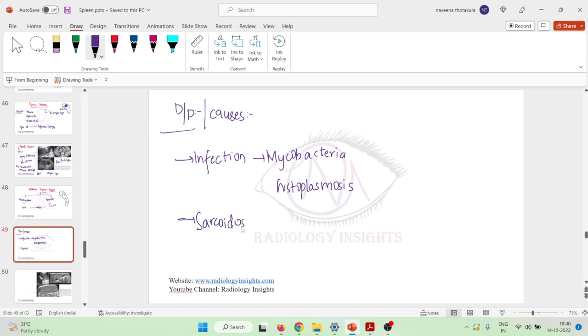Some patients who present with malignancy, for example lymphoma or metastatic disease, can also have nodules seen in the spleen.